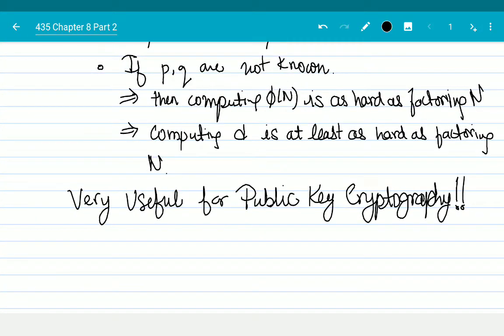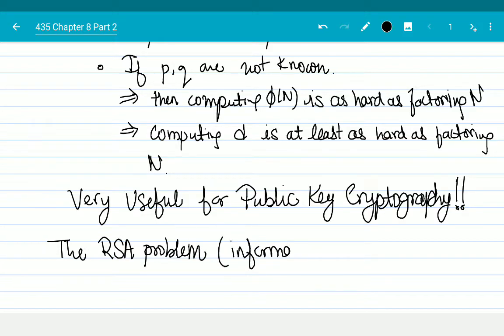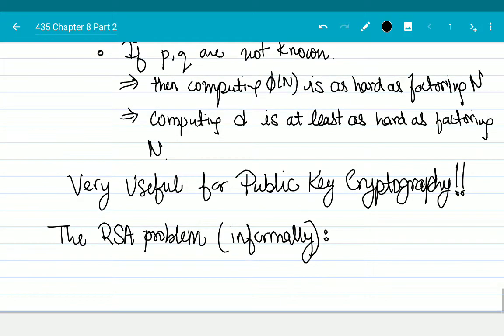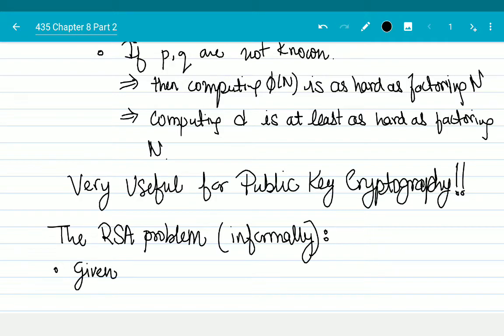Okay, so what is the RSA problem, informally? We are not yet defining how public key cryptography is done. I will get to it slowly, but it is very useful for public key cryptography. Informally, the problem is like this.